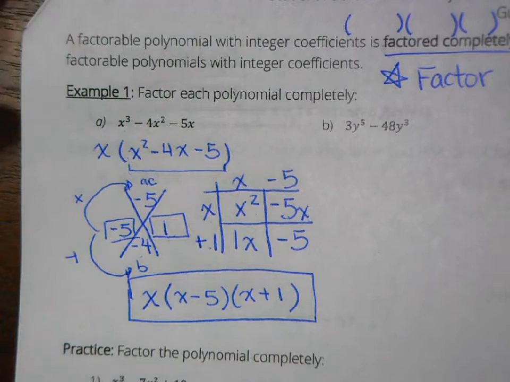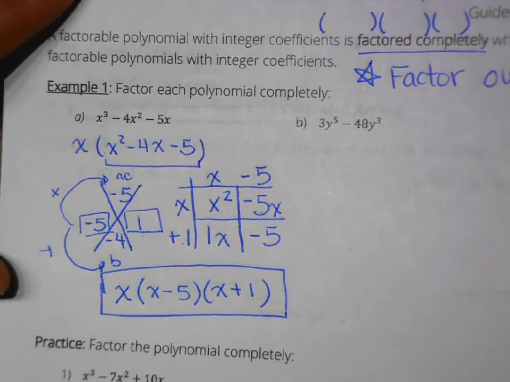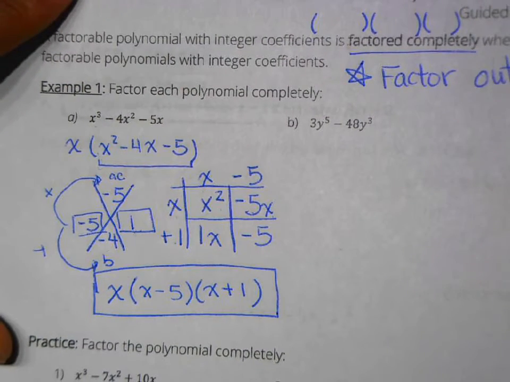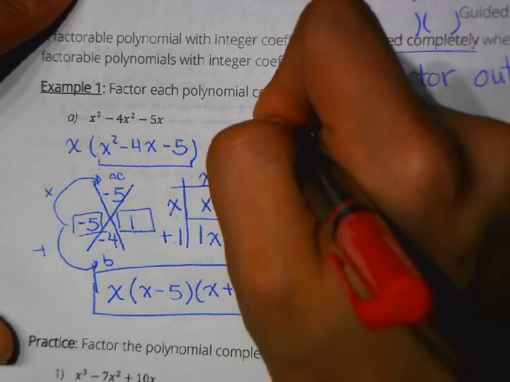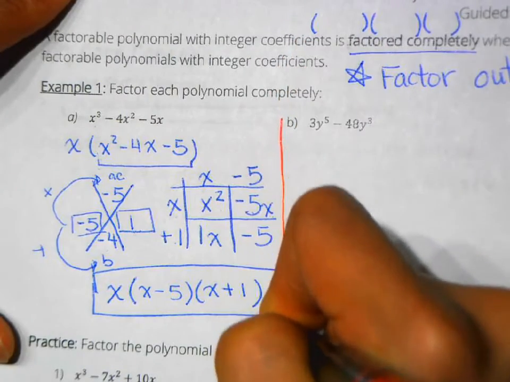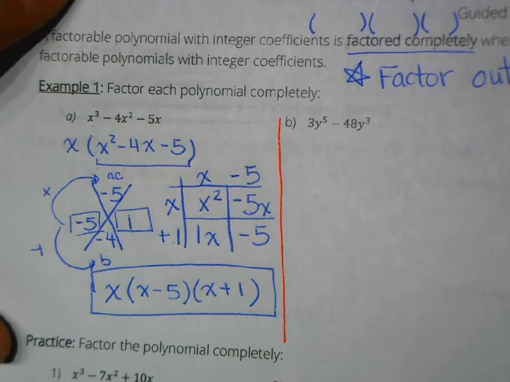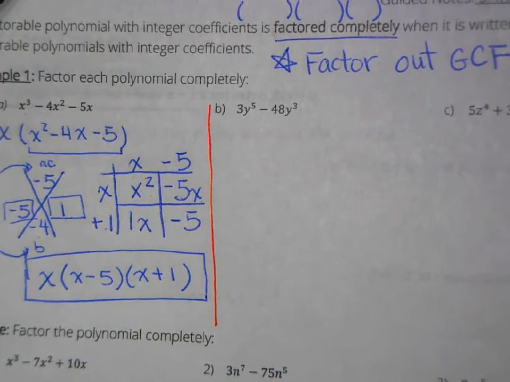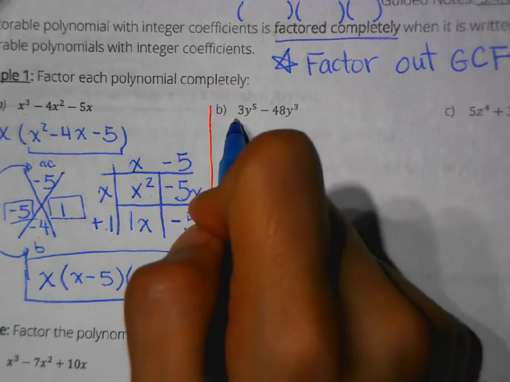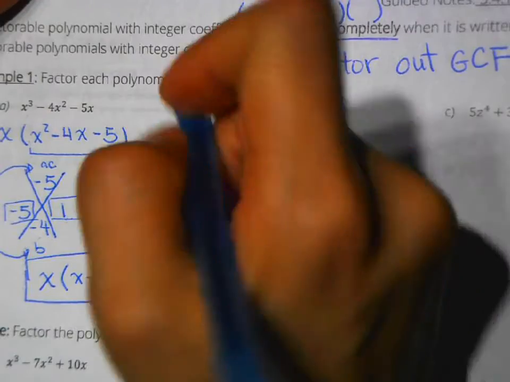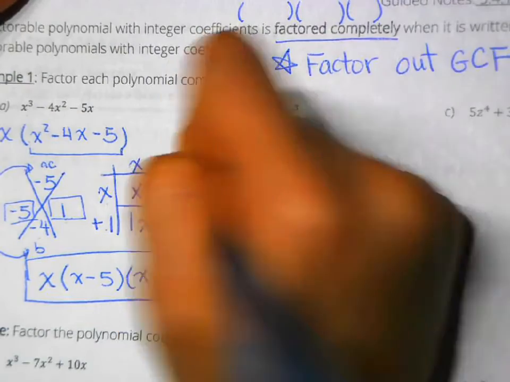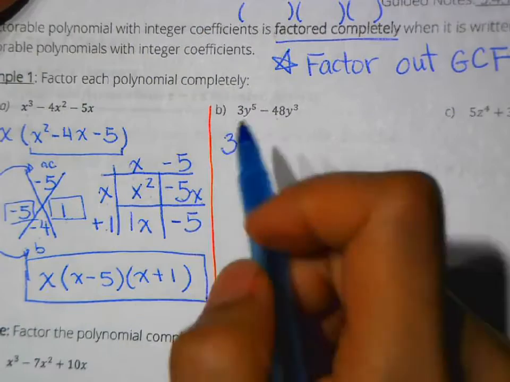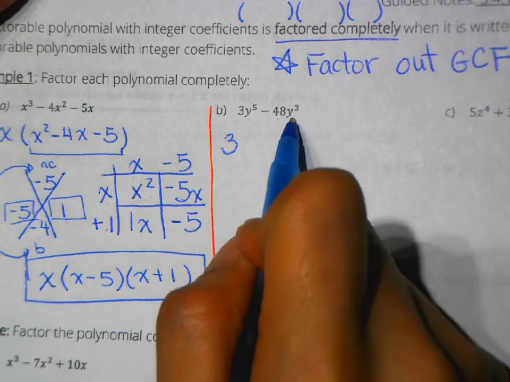The second one is a little trickier because it's not a trinomial. We still need to look at the greatest common factor first. You have 3 and 48. So I know that 3 goes into both 3 and 48. Look at the variable, y to the 5th and y to the 3rd.